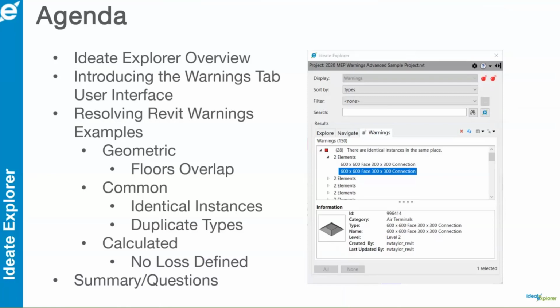Of course, other things like duplicate instances and identical types and so forth can really mess with the construction documentation as far as proper quantity counts, errors in the field, and those kinds of things. So they're very important. I mean, all warnings are important, but there's probably a ranking system that you want to go through to make sure that you're reviewing and highlighting the most important warnings first. And I'm going to talk about that.